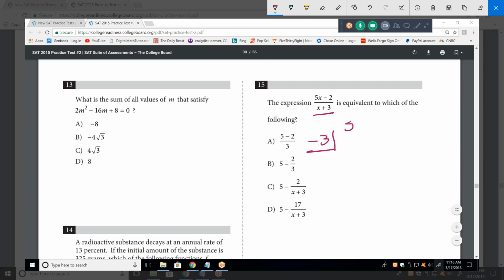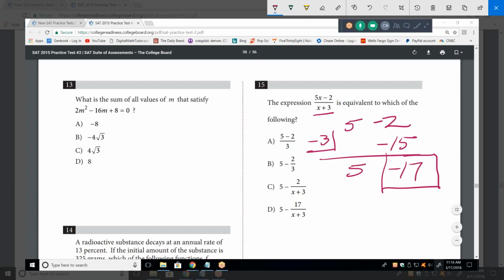And across the top, we put the numbers. We bring the 5 down. And now we're multiplying and adding. So I'm multiplying minus 3 times 5, and then I'm adding negative 2 to minus 15 to get minus 17. That's my remainder.